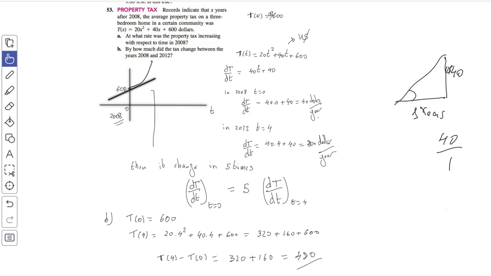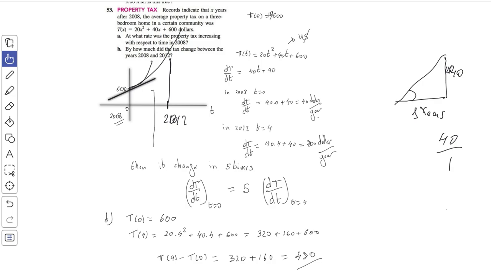Okay. In 2012, the slope is different. What is the slope in 2012? If you see the figure, 2012 is 4 years after 2008. The slope will be bigger, something like this. And what is the slope?